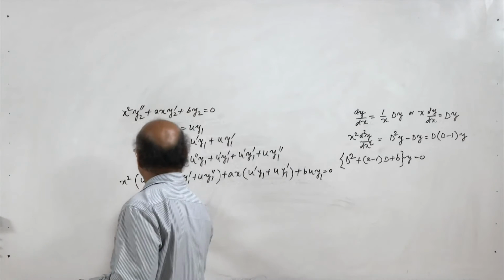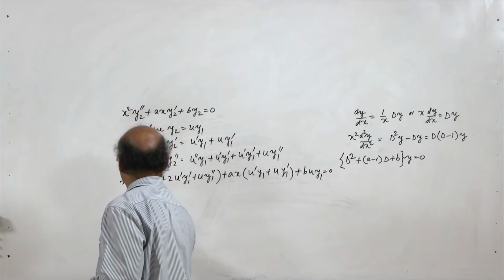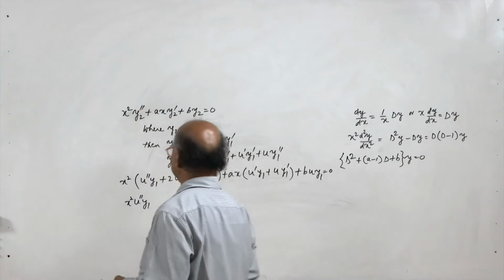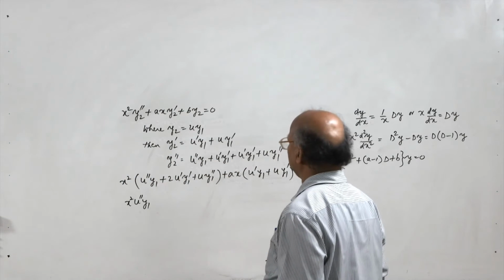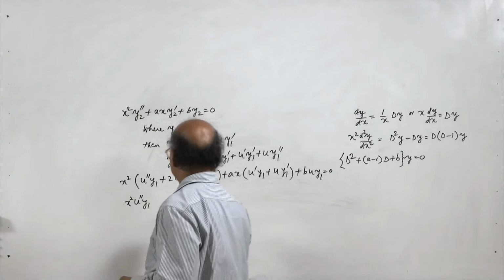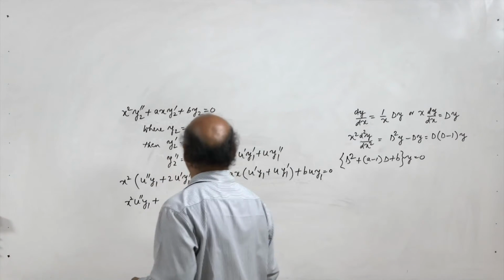Okay, now we have x square u double dash y1. This is one term which contains u double dash, and the term containing u dash is what?